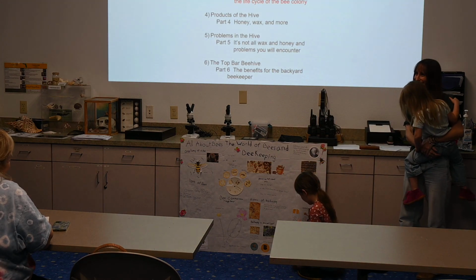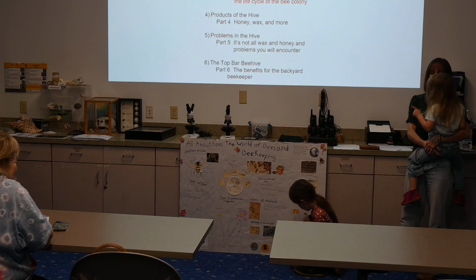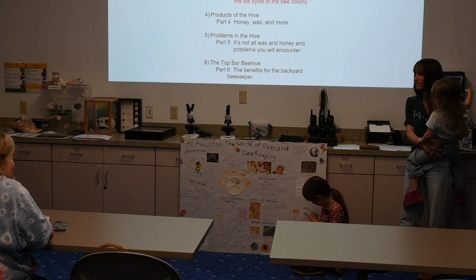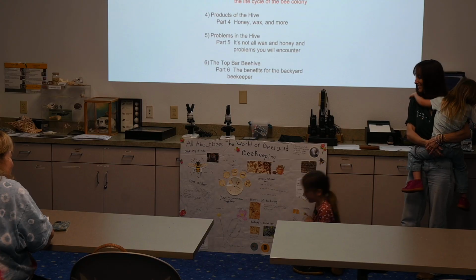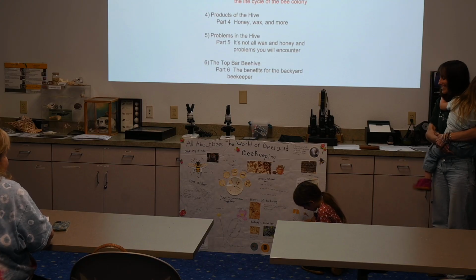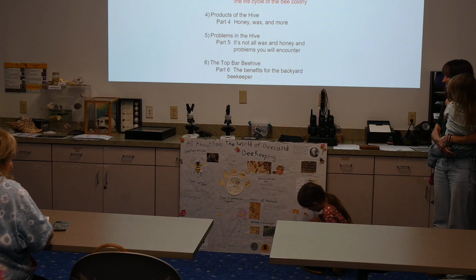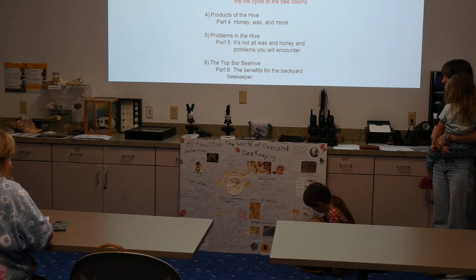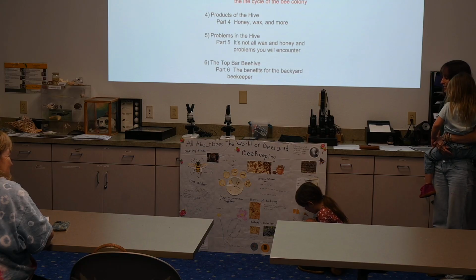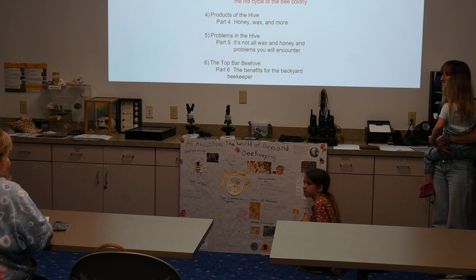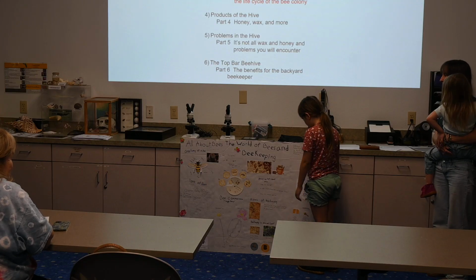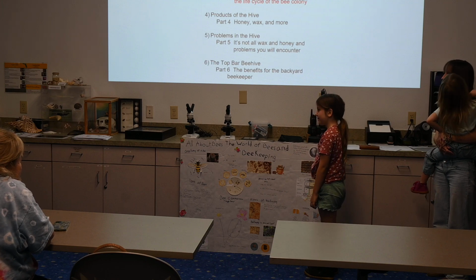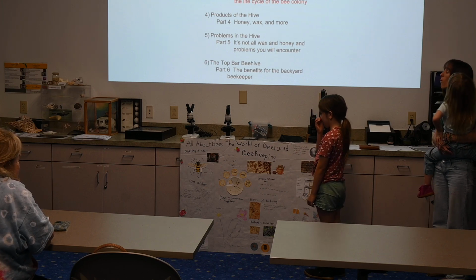And a bunch of facts about bees: bees pollinate 35% of the world's food. And to make 1 pound of honey, the bees travel the distance of 2 times around the earth. It takes 6 pounds of honey to make 1 pound of wax.